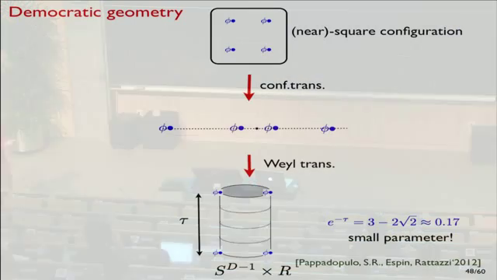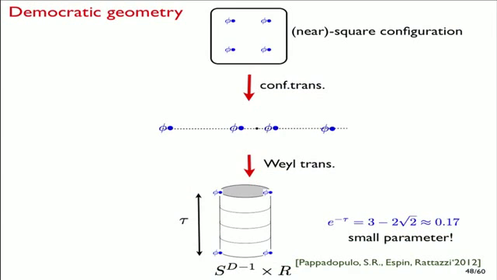Since the geometry we are interested in is the square geometry, you go and compute what tau is for the square geometry, and you find that e to the minus tau is 0.17. So it means that for any CFT in the square geometry, the convergence of the OPE decomposition is going to be a universal number of order 1 times 0.17 to the cutoff level.